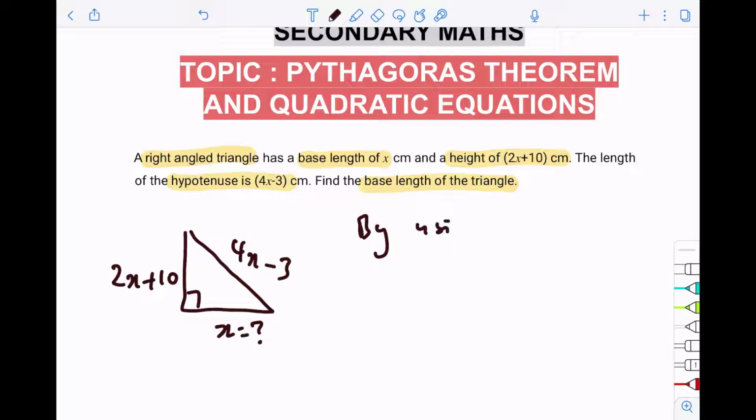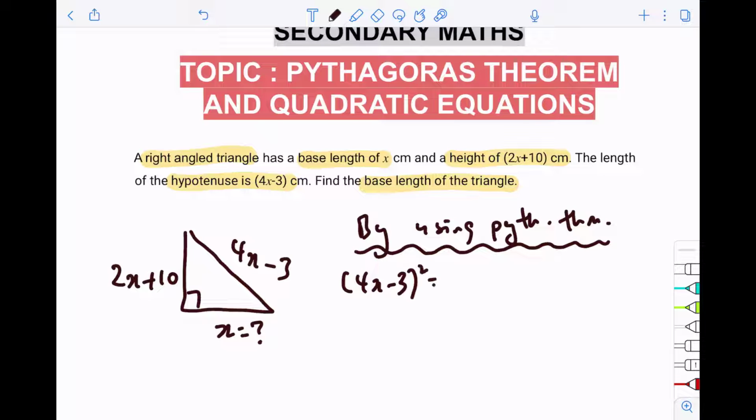So by using Pythagoras theorem, we have the hypotenuse squared to be equivalent to 2x plus 10 squared plus x squared in this manner.